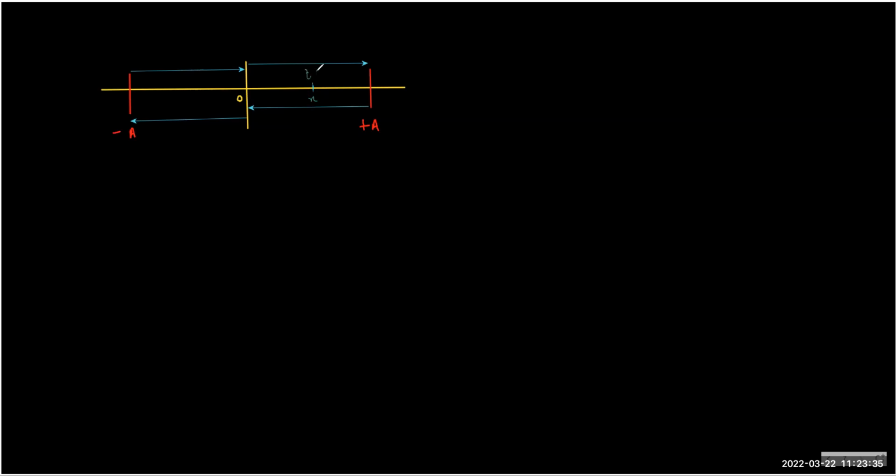If at t equals t you are here, and you were here at t equals 0, let's call it x naught, then how much time would it take to reach a particular position x, knowing that you start from x naught and you start moving this way.